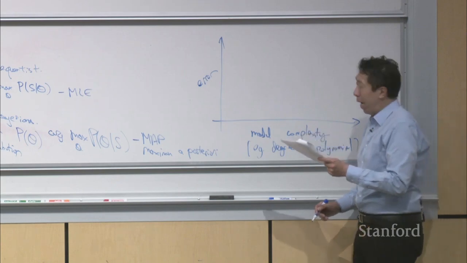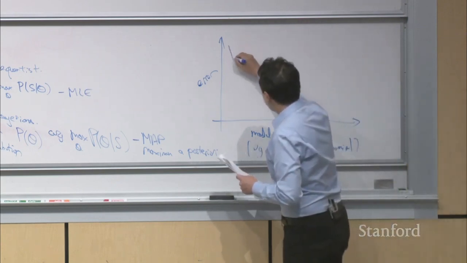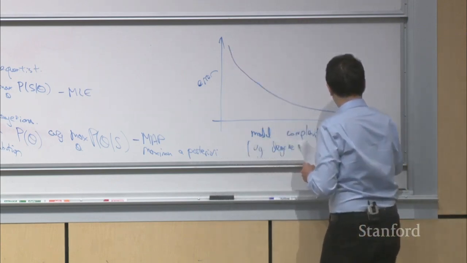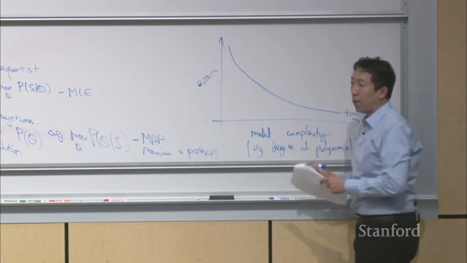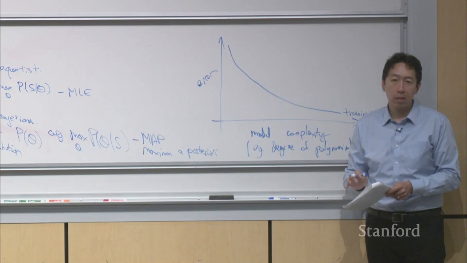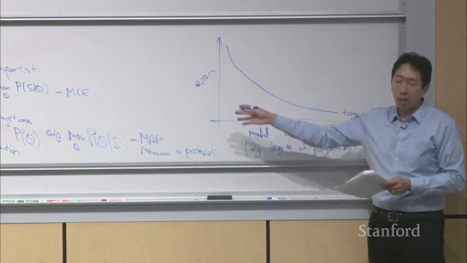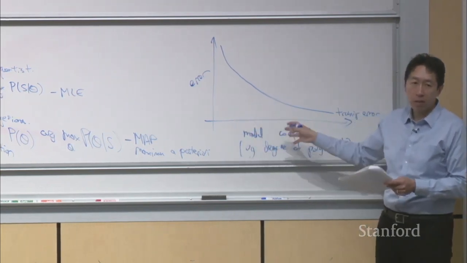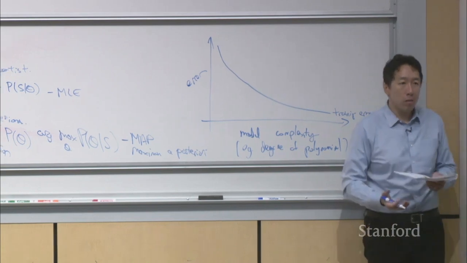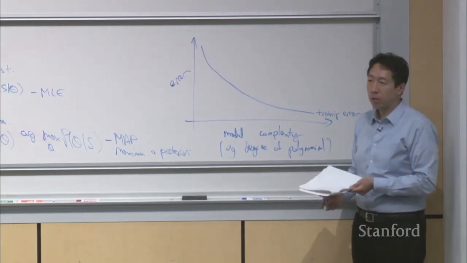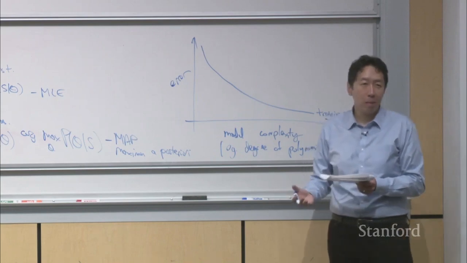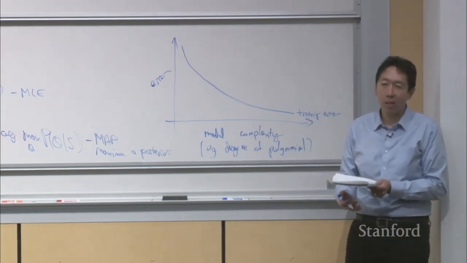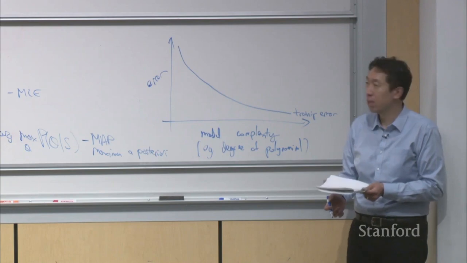And what you find is that as you increase model complexity, your training error, if you do not regularize, gets better. If you fit a linear function, quadratic function, cubic function, and so on, the higher the degree of your polynomial, the better your training error, because a fifth order polynomial always fits the data better than a fourth order polynomial if you do not regularize.